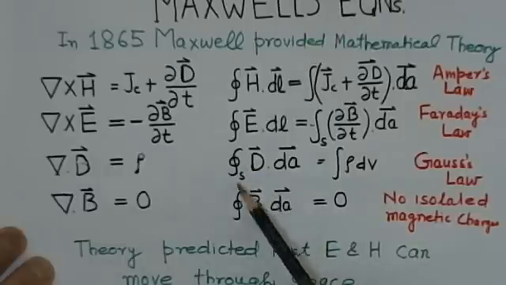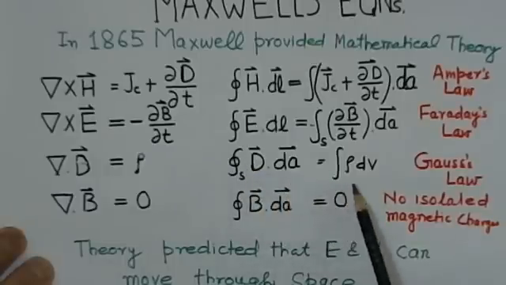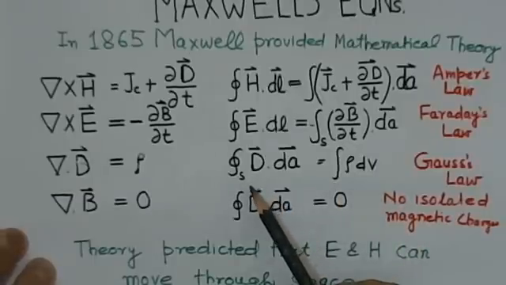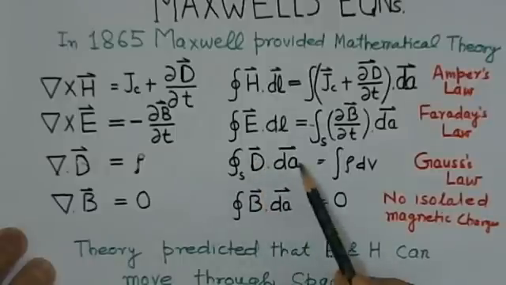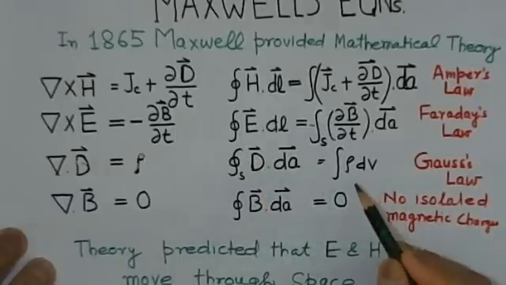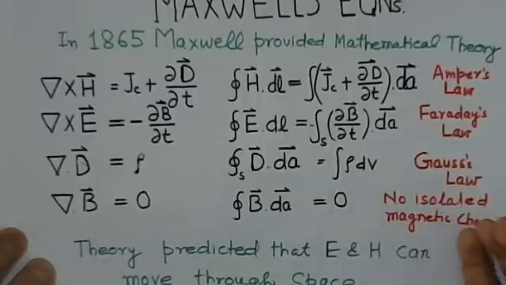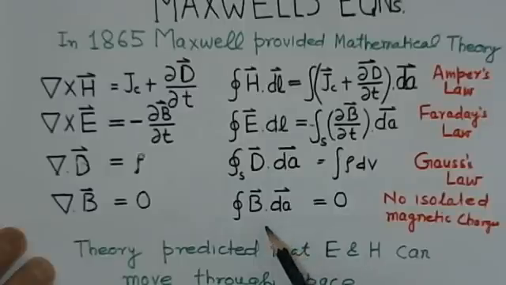Now the third equation is D dot dA equals rho dV. That means net flux coming out of any surface is equal to the charge enclosed within the volume formed by the surface. This is the basic Gauss's law, and the last one is B dot dA.